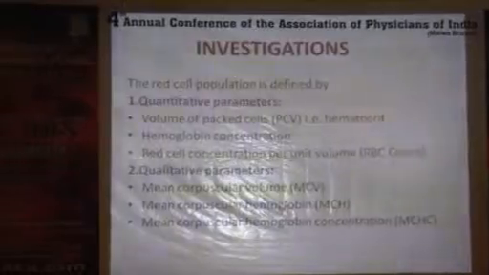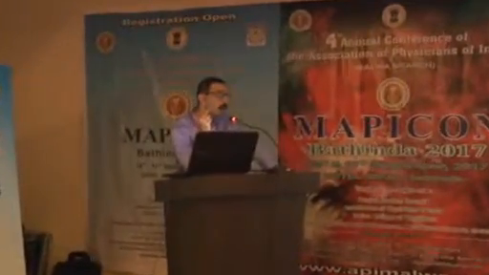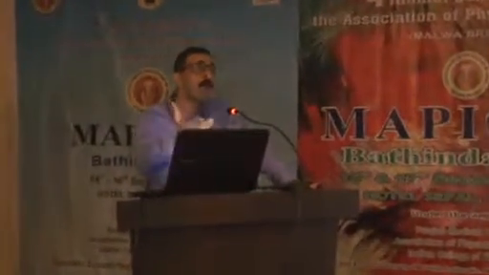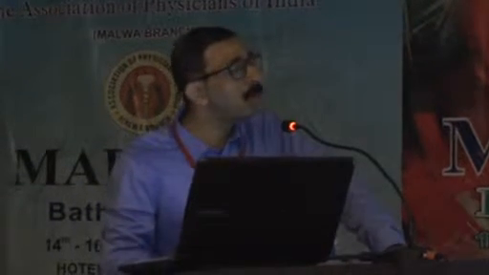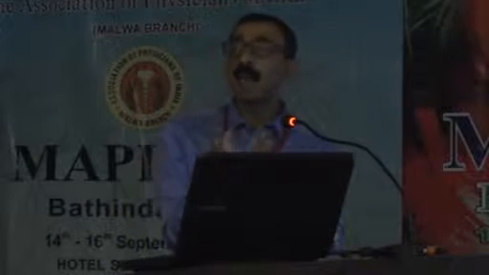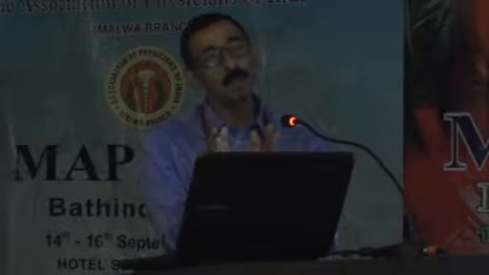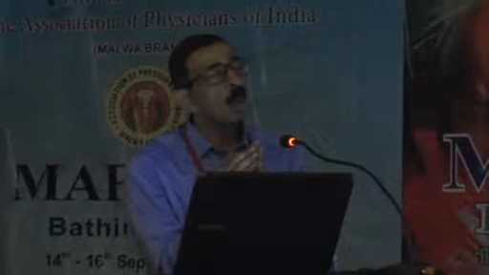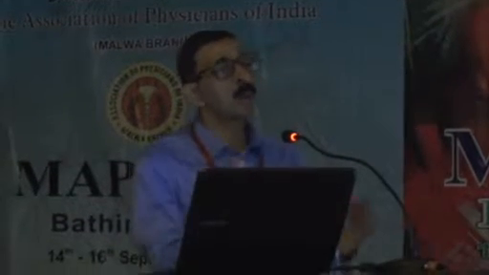But we will pick one each. So from the first group, we will pick packed cell volume, hematocrit, because hemoglobin is already there, it's low. From the qualitative parameters, we'll pick one, MCV, mean corpuscular volume. So out of these 6 parameters, we pick 2, and these 2 are going to help us a lot in the diagnosis of anemia.